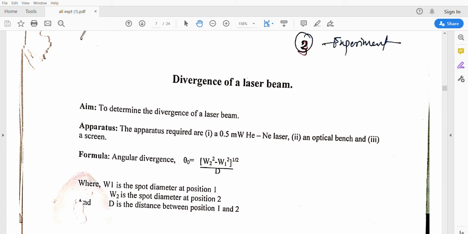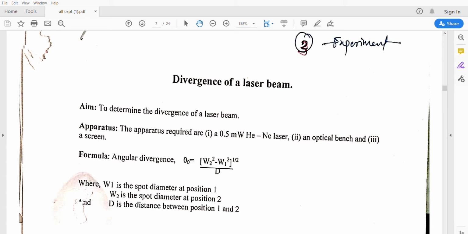First, we need to understand the laser definition. Laser is nothing but light produced due to the amplification by stimulated emission of radiation. So laser is light amplified due to the stimulated emission of radiation.